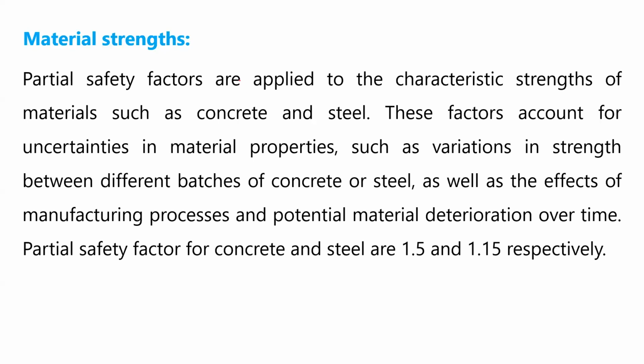Now, material strength. Partial safety factors are applied to the characteristic strength of materials such as concrete and steel. These factors account for material properties such as variation in strength between different batches of concrete or steel, as well as the effects of manufacturing processes and potential material deterioration over time.